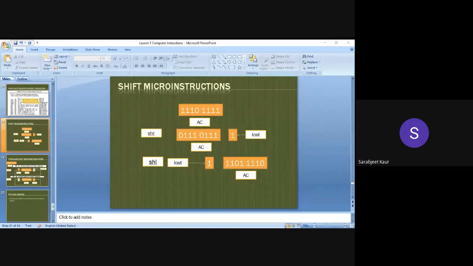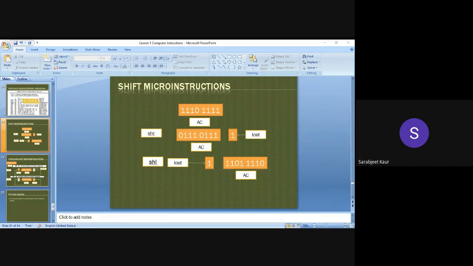Okay, so please see, let these be the original contents of the accumulator. Now, when I say shift right, what will happen? Each of these bits shifts one position to the right. All these bits shift right one by one. So when this bit shifts, it has nowhere to go, and it drops down and is actually lost.